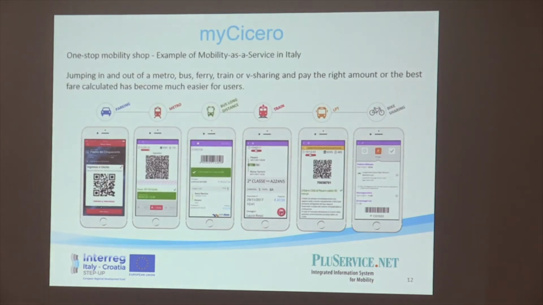My Cicero is a platform that we consider mobility as a service in Italy. With this platform, it's possible to search door-to-door travel solutions and buy different tickets of different transport providers with a unique financial transaction.